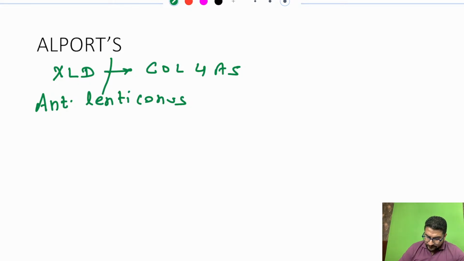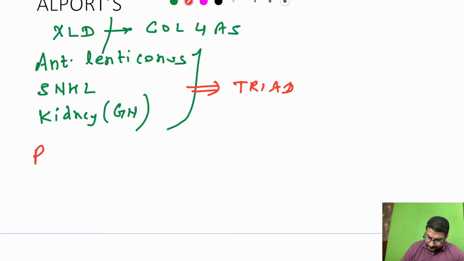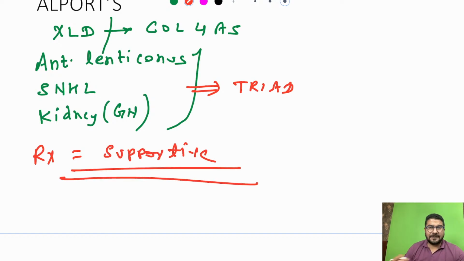Basically you will find the basement membrane defect. तो कान का involvement हो रहा है, आँख का involvement हो रहा है, and you can notice kidney involvement. You will find glomerulonephritis. So this is the triad of Alport syndrome. Treatment is supportive, so you don't have to give any particular drug here. Genetic disease है, ज़्यादा आप कुछ कर नहीं सकते हो.